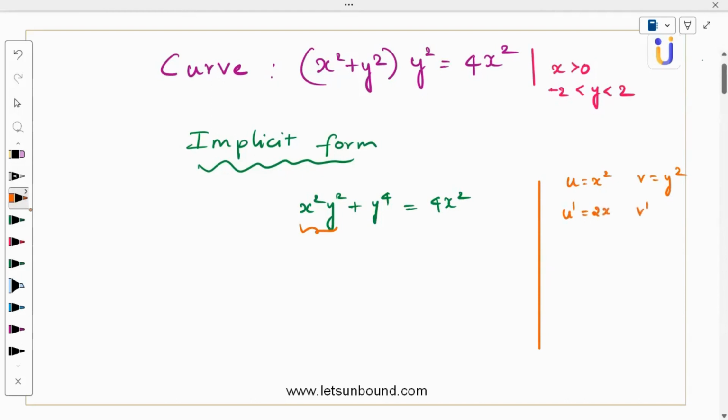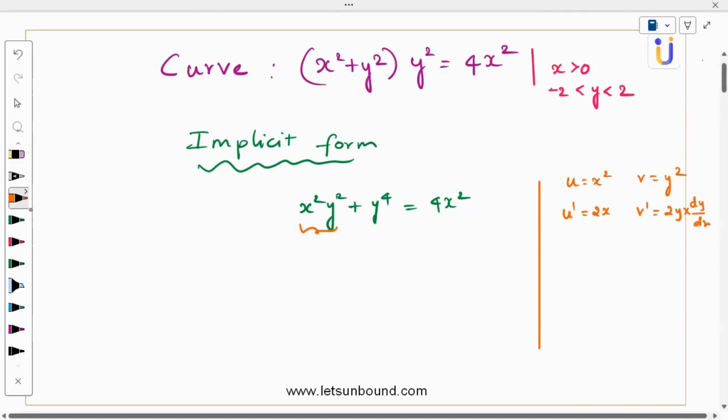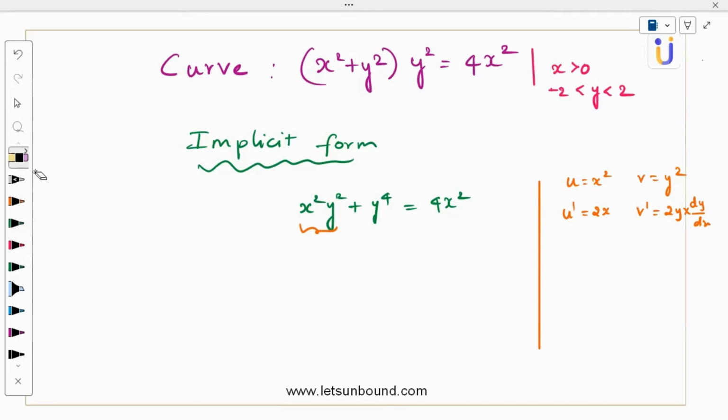But when you differentiate V, I will differentiate y², but I'm not differentiating with respect to y. If it were differentiating with respect to y, I would stop here. So I will do some extra stuff, dy by dx. It's very simple, related to the chain rule, right? That particular y is made up of x, multiplied by that differentiation. Now we can expand this.